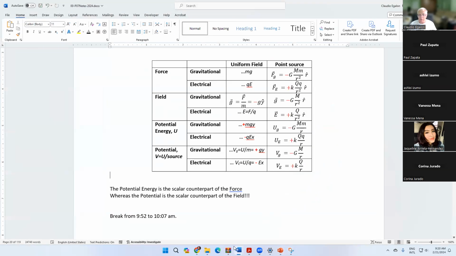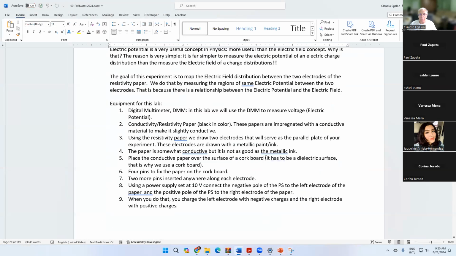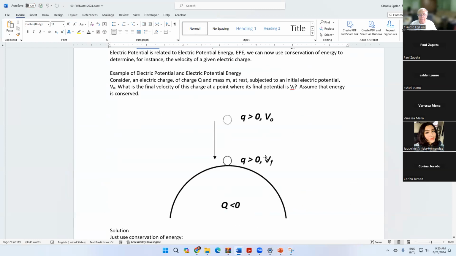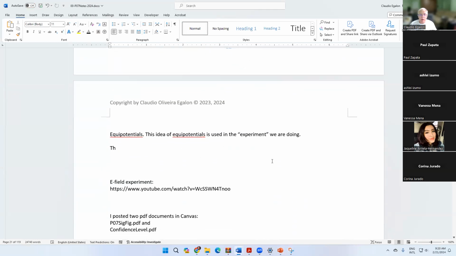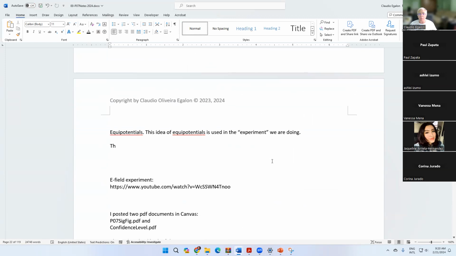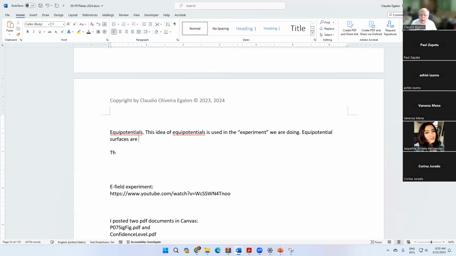Another important piece of information. And now equipotentials. This idea of equipotential is used in the experiment that we are doing, okay? Equipotential surfaces are exactly what the name describes, okay?